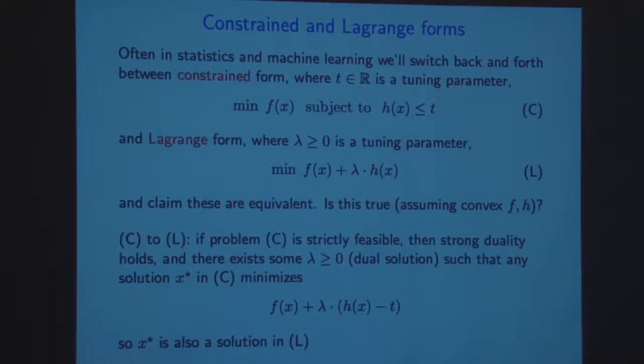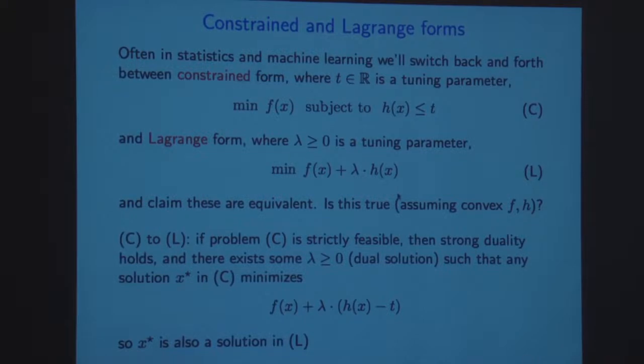And you often see written down in papers a sentence like, well, you can consider the constrained form, minimize f of x subject to h of x less than or equal to t, or we can consider the penalized form or the Lagrange form, minimize f of x plus lambda times h of x. And here t is a tuning parameter and lambda is a tuning parameter. And over choices of tuning parameters, these are the same. So we can solve whichever one's most convenient for you. So we're going to actually prove that from the KKT conditions. Or we're going to try to get an understanding of when this is true from the KKT conditions.